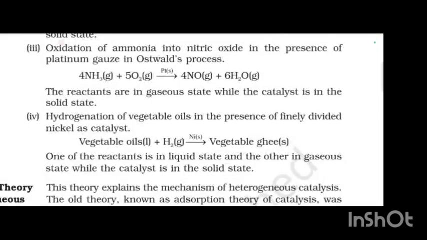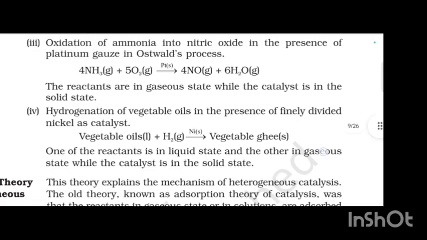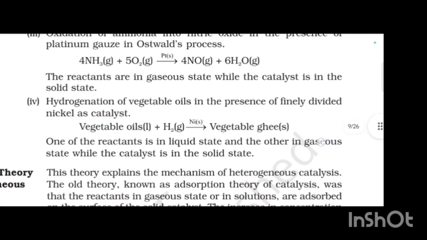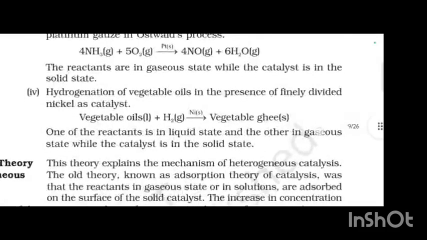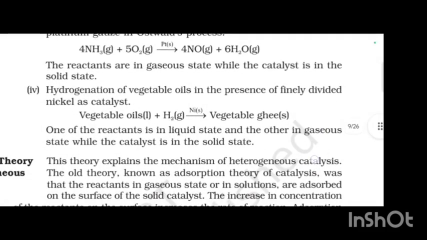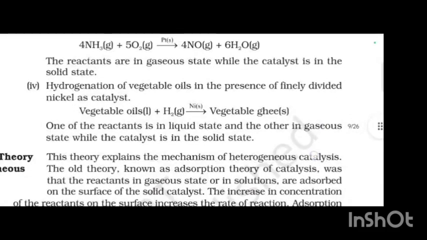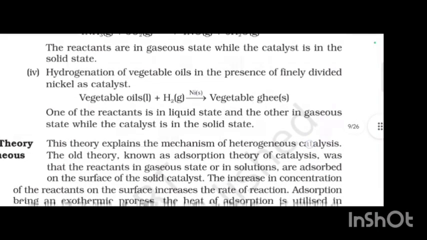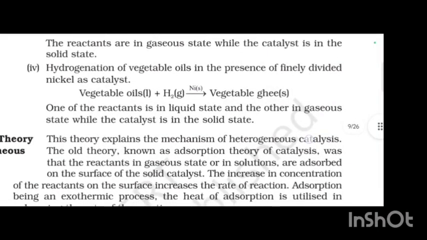Third, oxidation of ammonia into nitric oxide in the presence of platinum gauze in Ostwald process. 4NH3 gas plus 5O2 gas in presence of platinum solid gives 4NO gas plus 6H2O gas. The reactants are in the gaseous state while the catalyst is in the solid state.